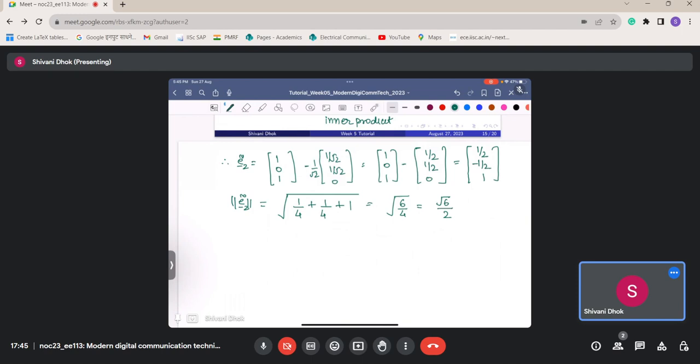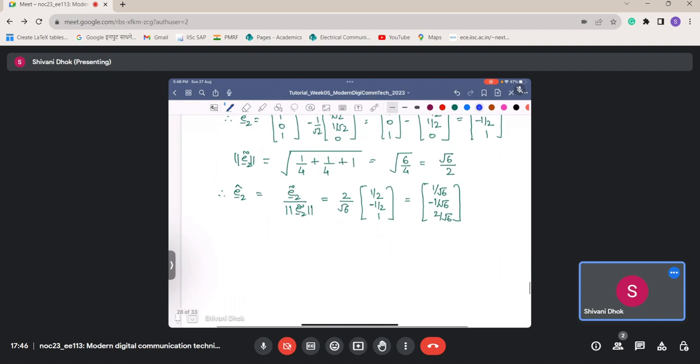Therefore e2 hat is simply e2 tilde upon norm of e2 tilde. So this will be equal to 2 by root 6 multiplied by (1 by 2, minus 1 by 2, 1). So this comes out to be 1 by root 6, minus 1 by root 6 and 2 by root 6. This is e2 hat, that is our second orthonormal vector.